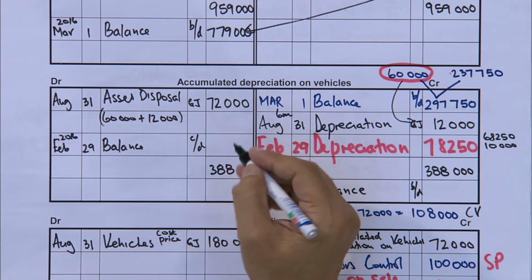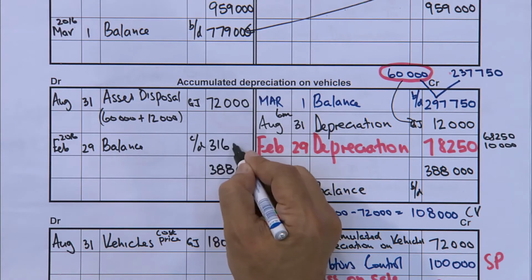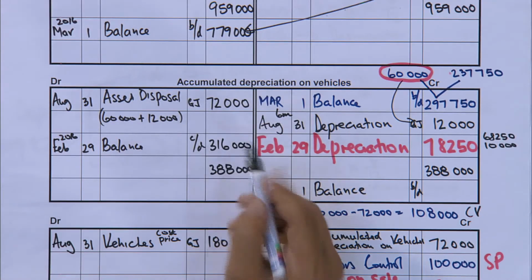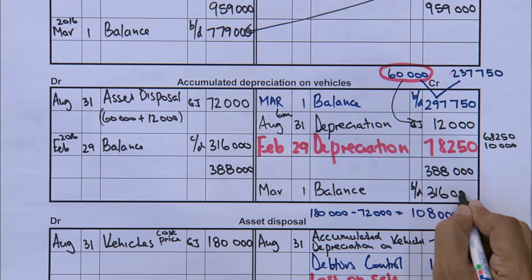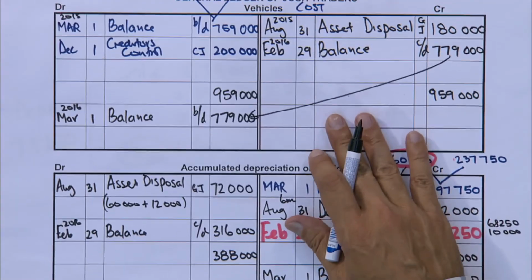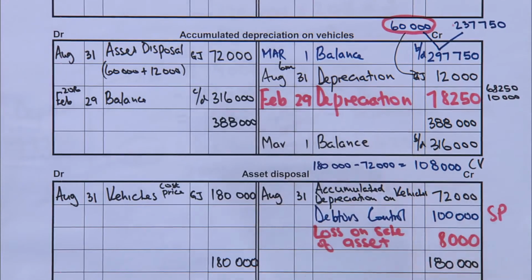And that balance will just be the difference between those two figures, which is 388 minus 72, giving me 316,000. Okay, so the vehicles account is balanced. The accumulated depreciation on vehicles account is balanced.